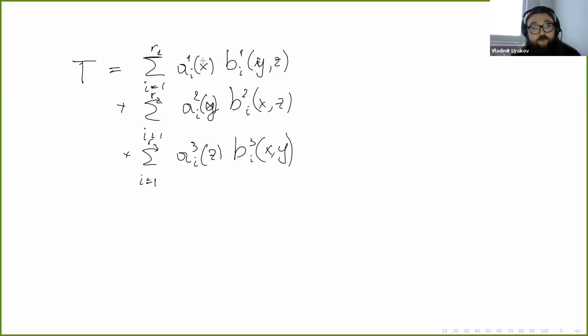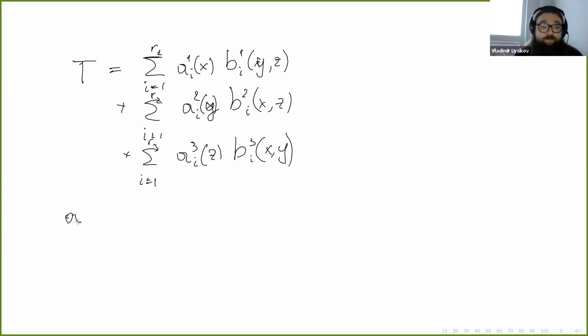Now, all these linear forms A we can assume are linearly independent, because if there is some A which can be expressed through other forms A, we can just redistribute the summands and say that all the A's are now linearly independent.